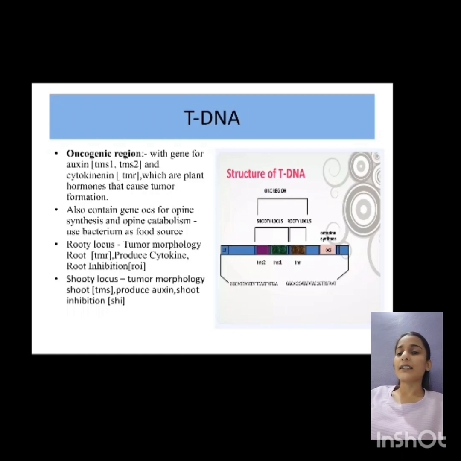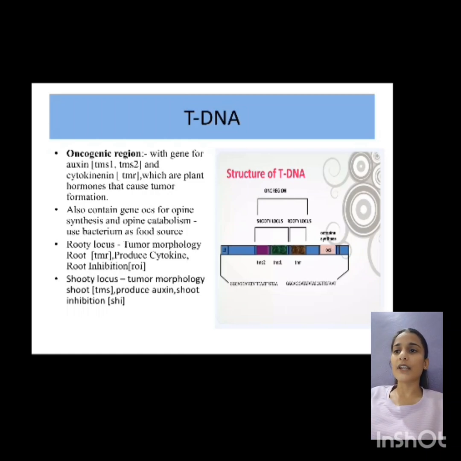Okay. Next, let us see in detail what is rooty locus and shooty locus. So rooty locus is the tumor morphology root, TMR, which produces cytokinin. ये जो जीन है, ये जो सीक्वेंस है, ये cytokinin produce करता है, and cytokinin is responsible for the growth. But there is also root inhibition, the ROI region.